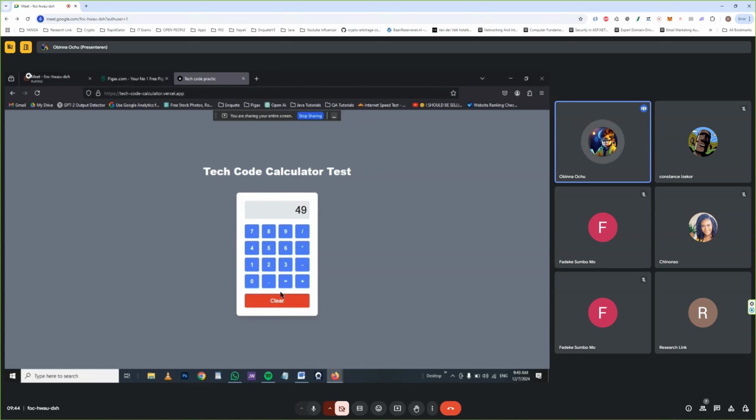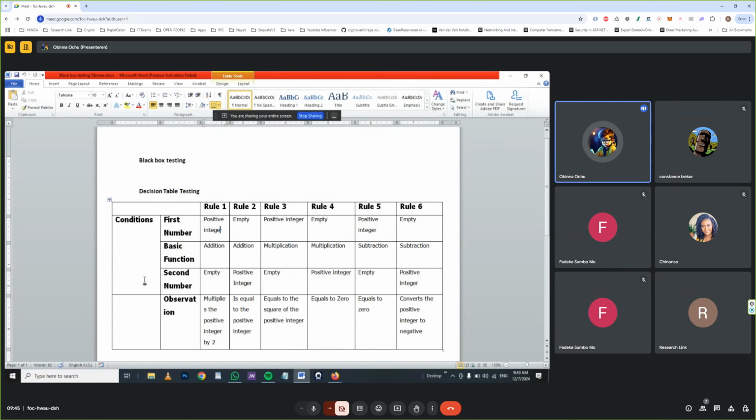I'm also testing to see if I press, say, 7 times nothing. I'm not pressing anything now. I'm not going to multiply it by anything, I'm just going to go straight to equal to, and it gives me 49. So in my decision table, I have rule number one.